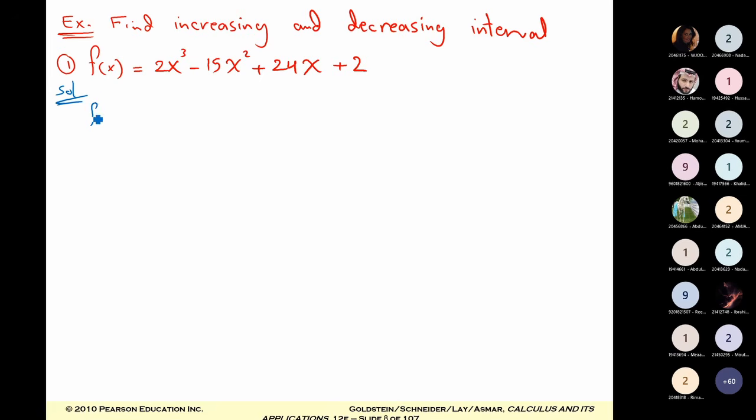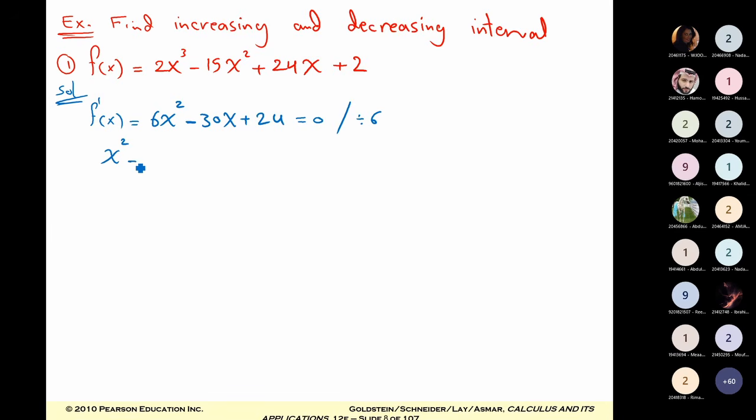Firstly we need to find the stationary point. After that, find the sign of f prime. If f prime is positive, this is an increasing interval. If f prime is negative, a decreasing interval. Okay? f prime equals 6x squared minus 30x plus 24, and this equals 0. Divide by 6 to simplify the quadratic equation.